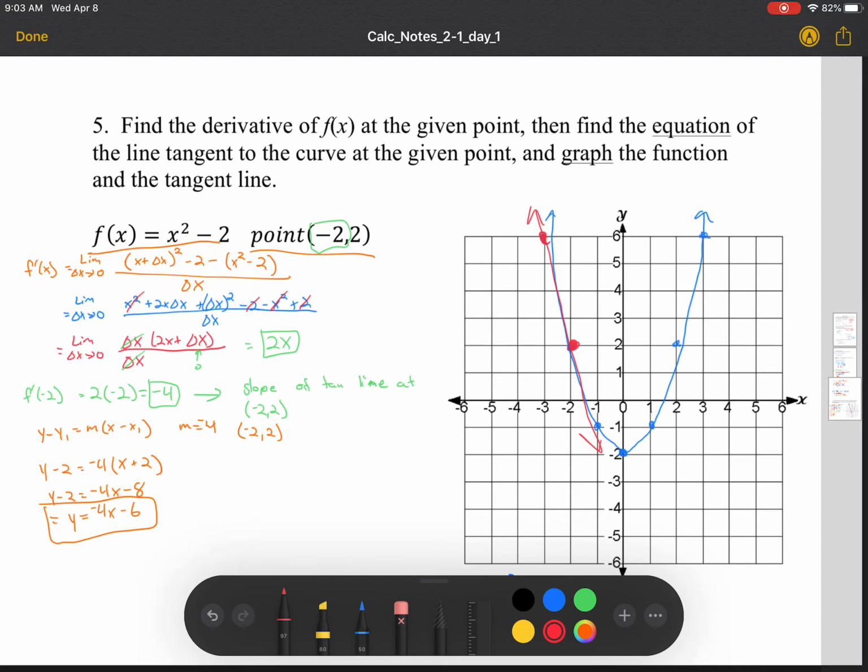And that tangent line is just barely kissing, only touching at that one point. That's the big thing to take away from that. It's going through these 3 points, and that's what it should look like.